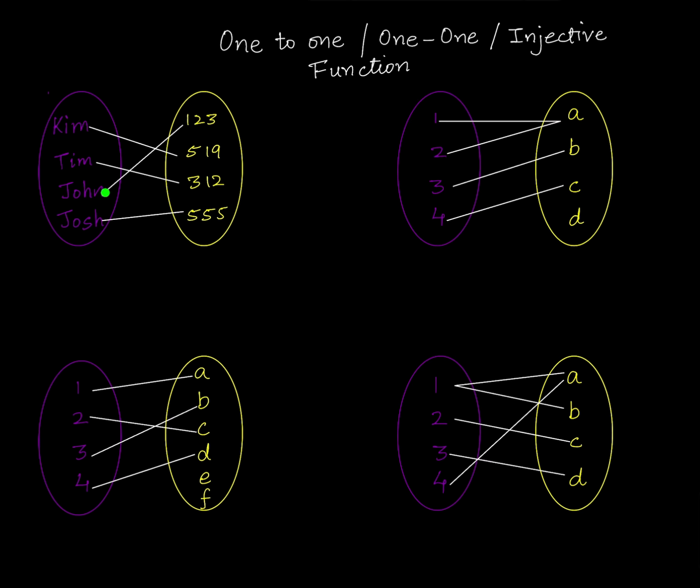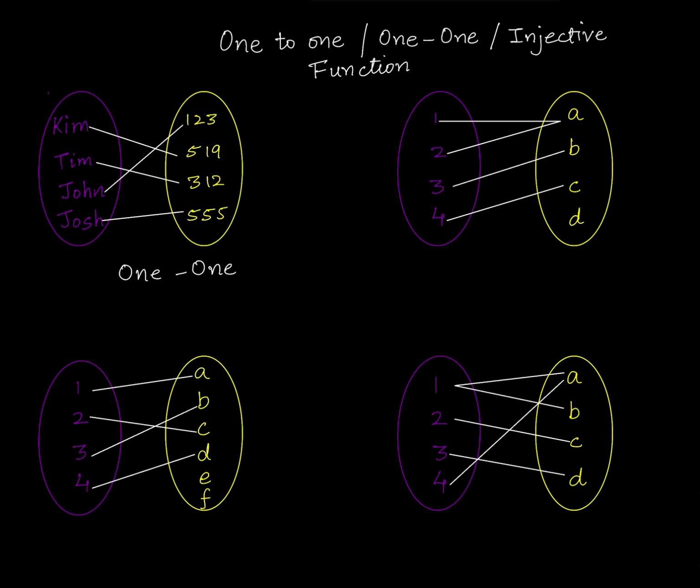Tim has a unique identification. John has a unique identification, and Jose has a unique identification. So this is 1-1. This is a 1-1 function. No output has two related inputs.